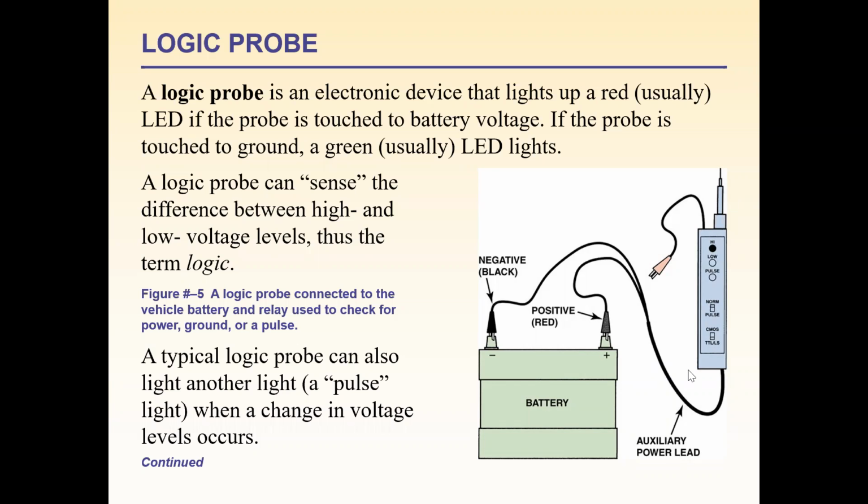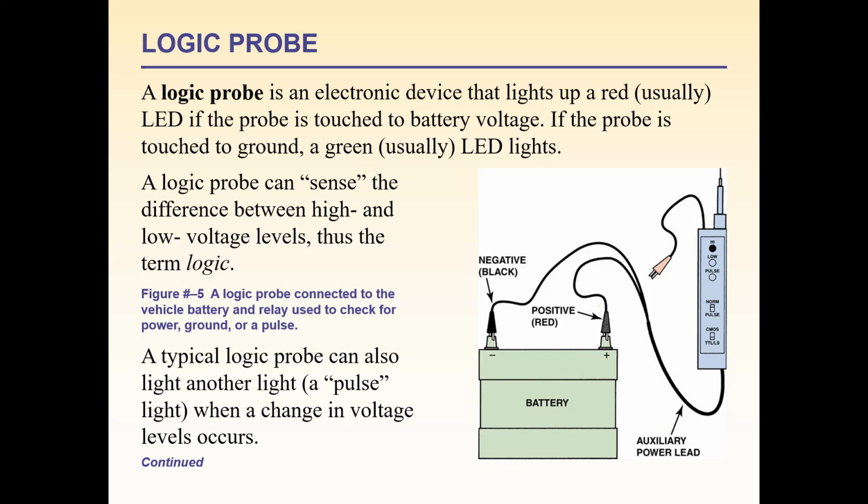That indicates that it is the ground, or the sink of the system or the electrical circuit. This logic probe helps us to differentiate between a source and the sink in an electrical circuit, and that is why it is termed a logic probe.